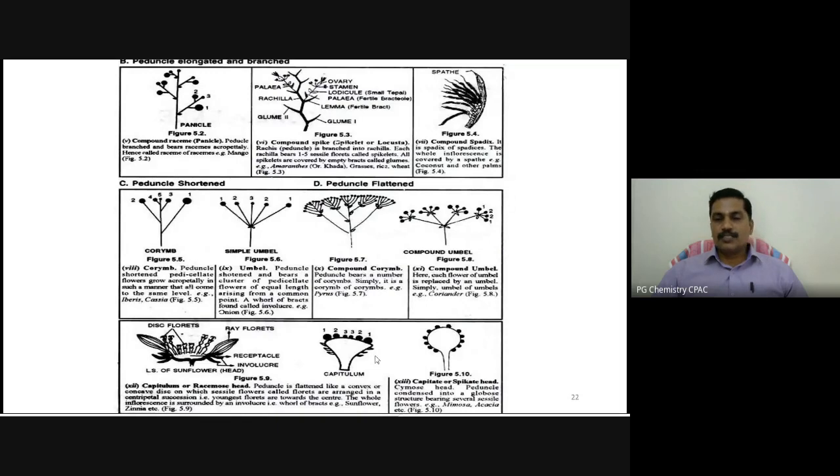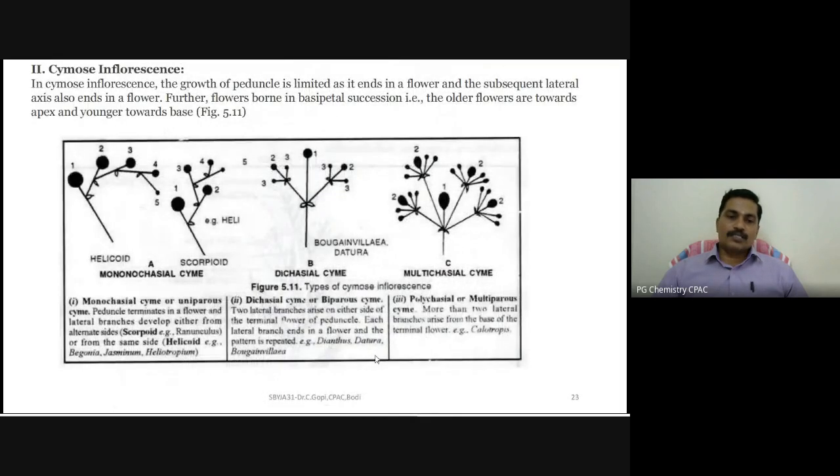So all those are some types of inflorescence. This is the cymose inflorescence. So you see the arrangement of flowers on one side or two sides, or ended with three flowers, or ended with five flowers. So these are the cymose inflorescence.